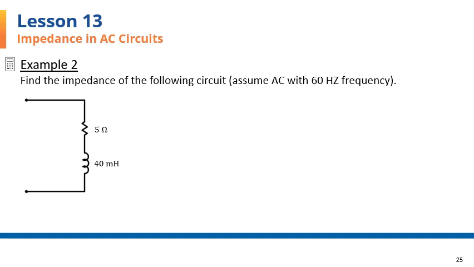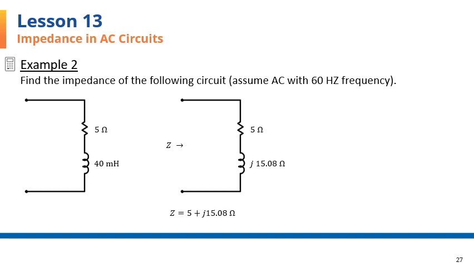This example asks for the equivalent impedance of the series combination of a resistor and the inductor from example 1. The impedance of the inductor was found in that example and will be used here. Since these two elements are in series, the equivalent impedance will be the sum of their ohmic values.